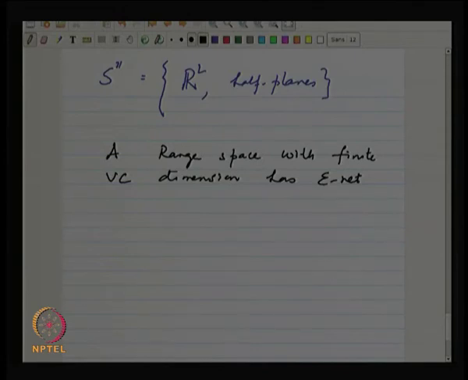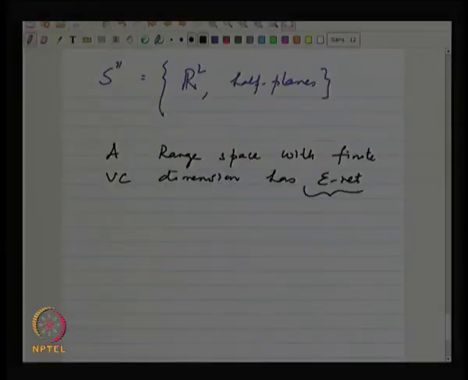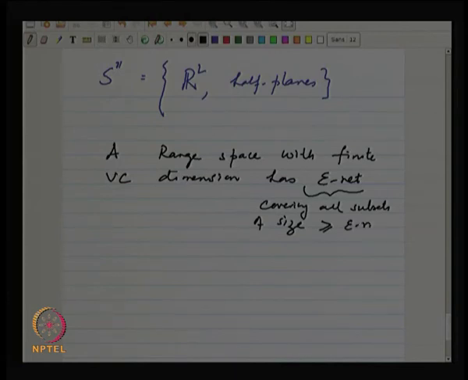This epsilon net is essentially the cover that I was talking about: I want to cover every subset with size at least epsilon times n. That is called the epsilon net.